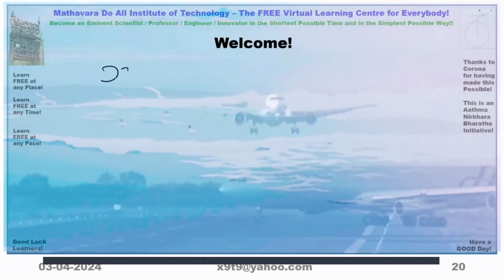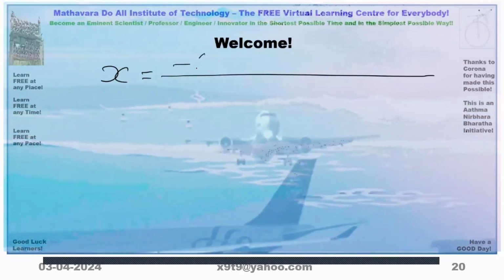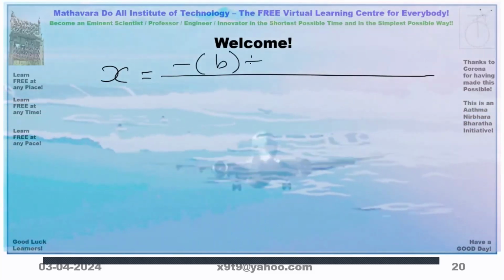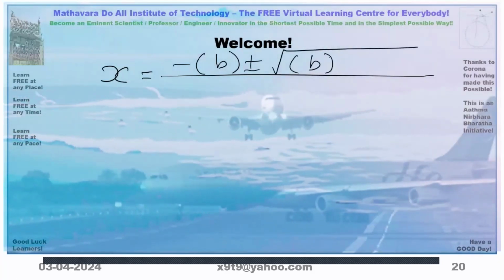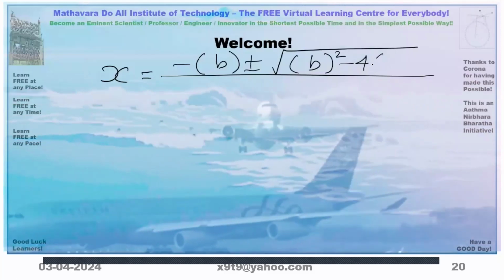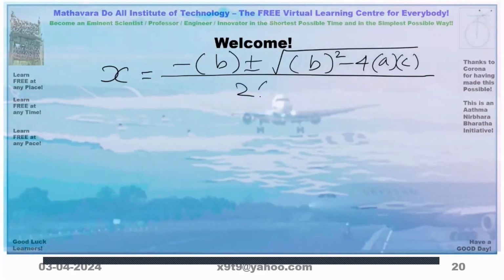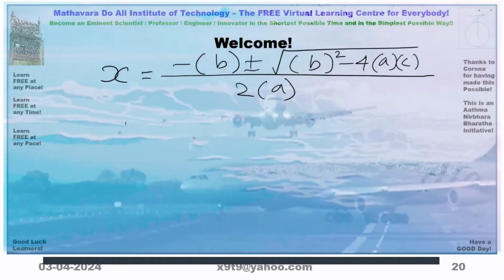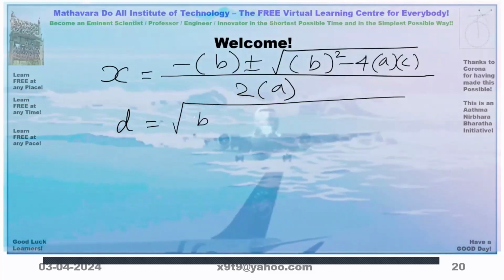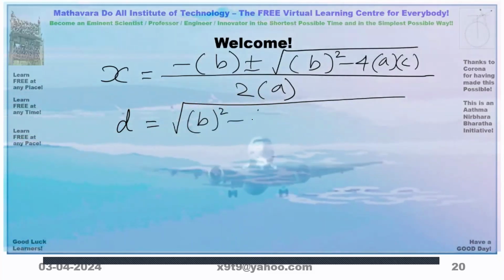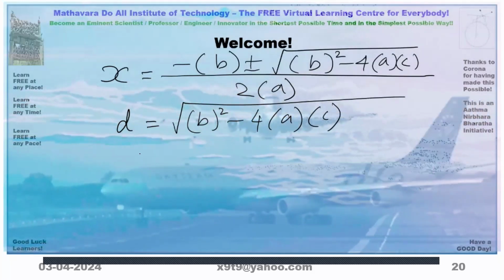See, the formula is x equal to minus b plus minus root of b square minus 4ac by 2a. Now suppose I call d equal to root of b square minus 4ac.